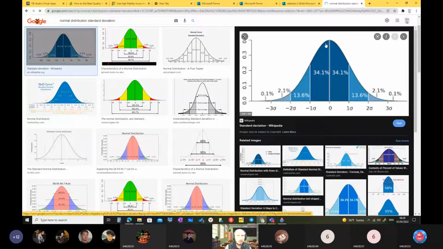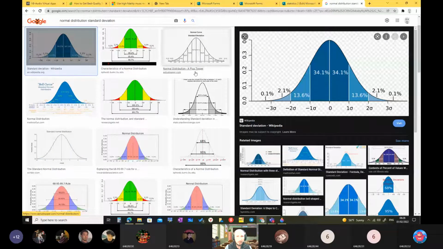You see, half of all the numbers are on one side, half of all the numbers are on the other side, right? So for example, this is the weight of students. Some students are very fat, some students are very skinny, most students are here, okay?